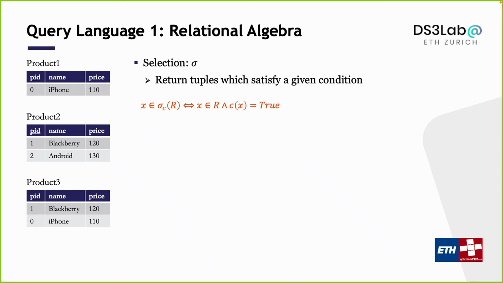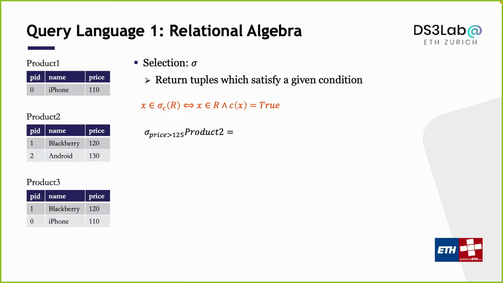But that's not enough. I also want the condition C, which is a logical formula that takes X as input and outputs true or false, to be true. I want this tuple X to satisfy condition C, and then I put that in the result. You can think about it as a filter operation over the relation.